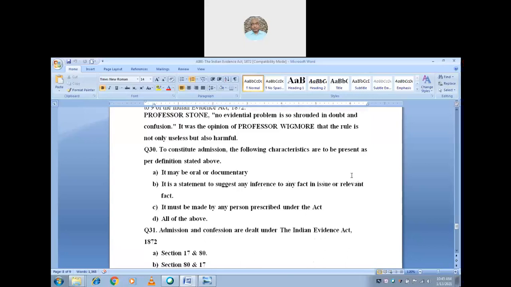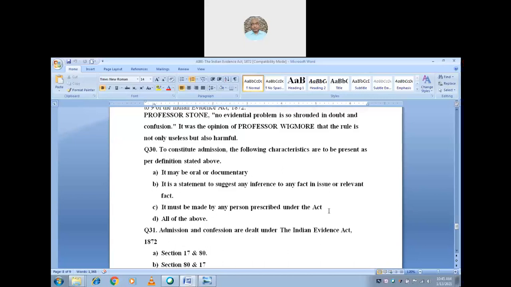It is a statement suggesting an inference as to any fact in issue or a relevant fact, made by any person prescribed under the Act. Admissions can be made orally, can be made in reference to relevant issues, and can be made in the prescribed form. Then the answer is all of the above.